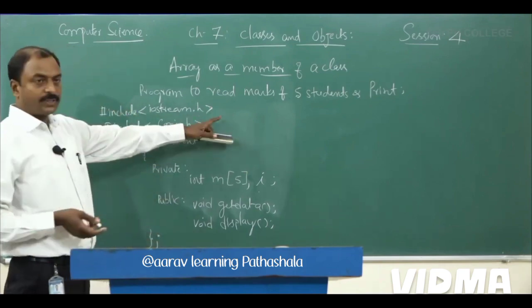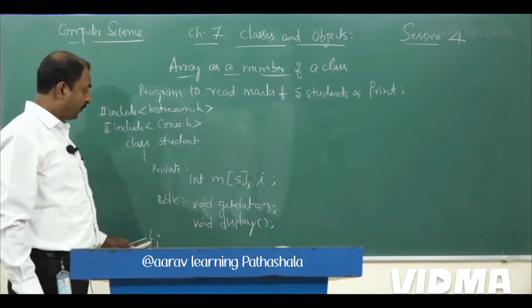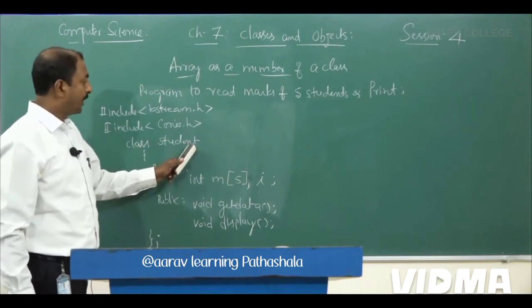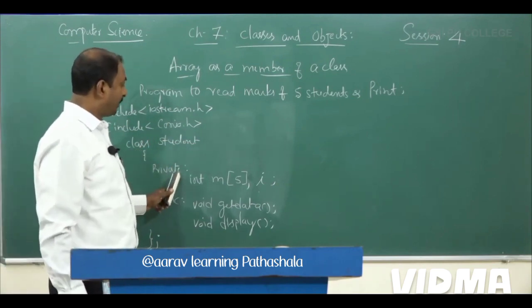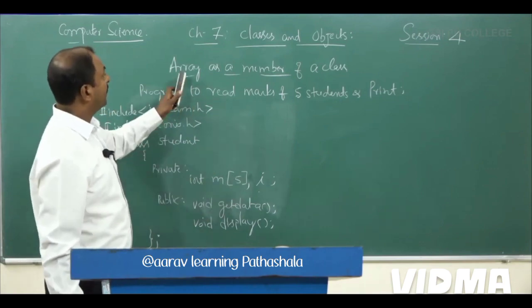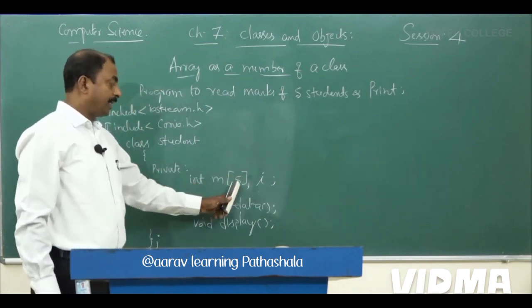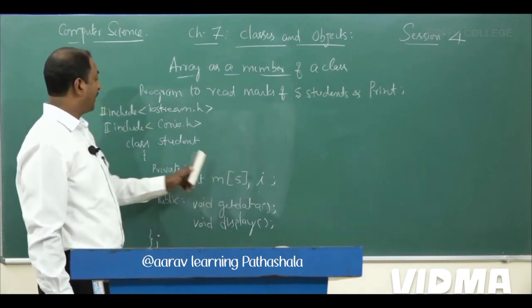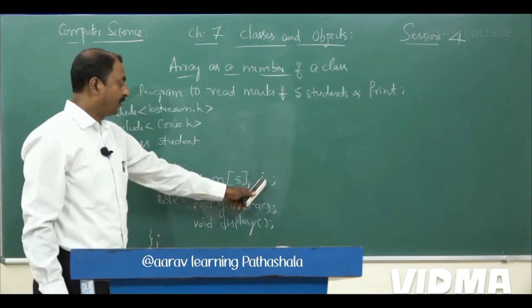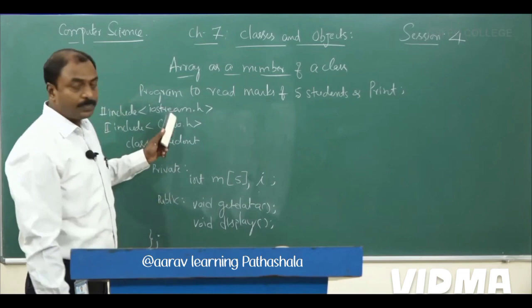Students, the first step is the header files, and the next step is defining a class. The class name is student, and under the private specifier we have defined an array, that is, an array as a member of a class. In this example, m is an array, so it is a member of the class student, along with variable i. In public we have defined two functions.